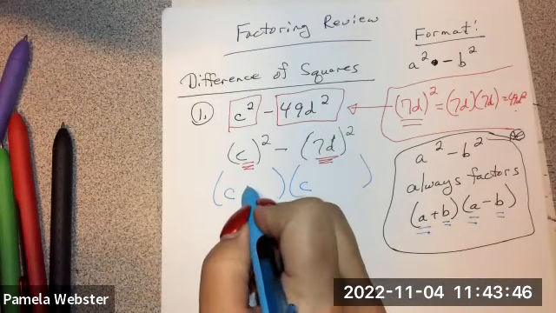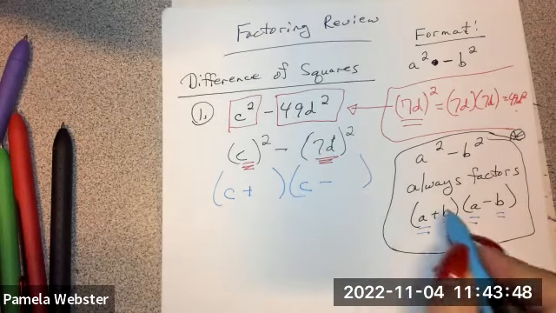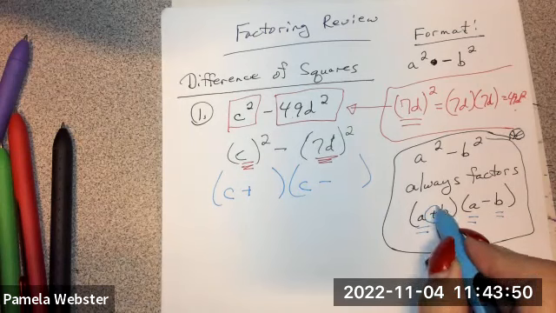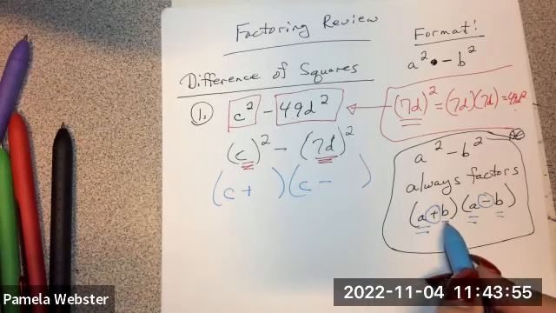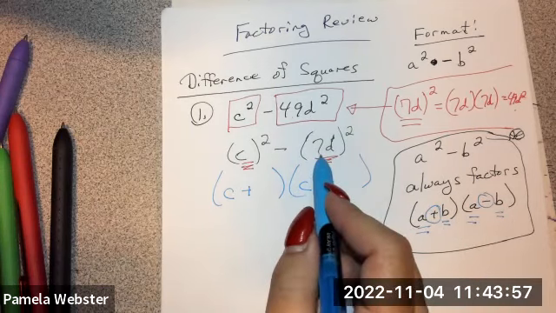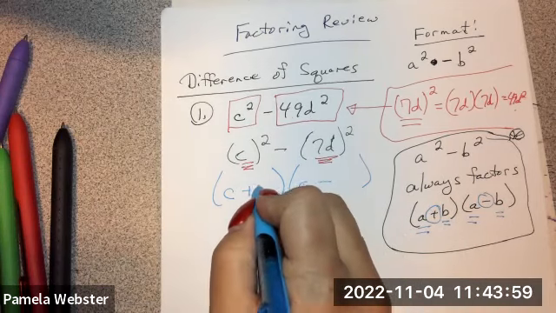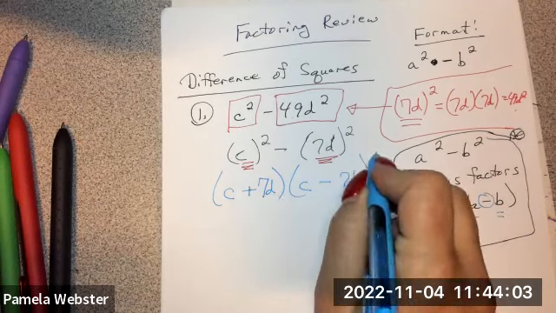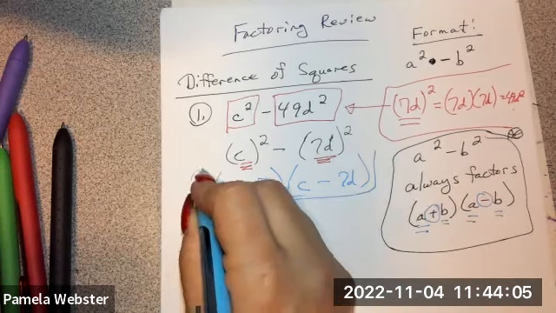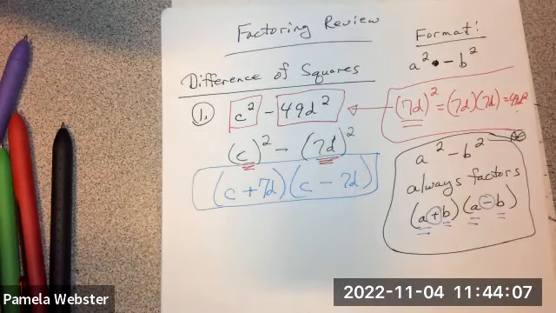There's going to be a plus and a minus because those are set in the format here. And then what's being squared the second time. That's why I rearranged this. So we could say that's 7d. So this is going to be c plus 7d times c minus 7d.